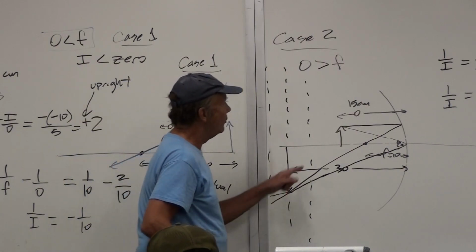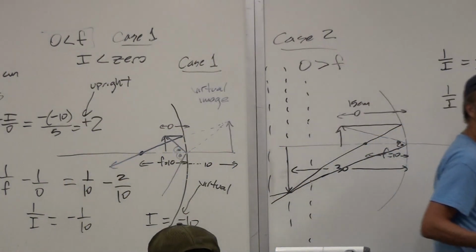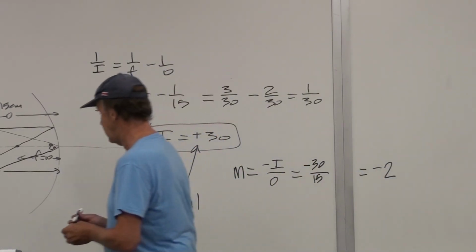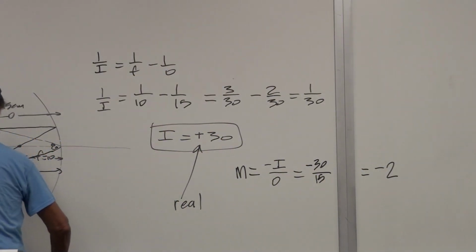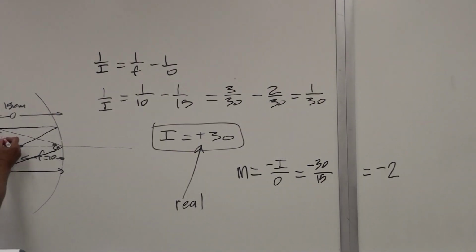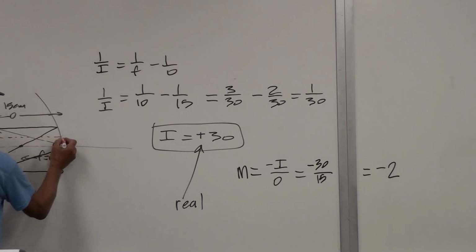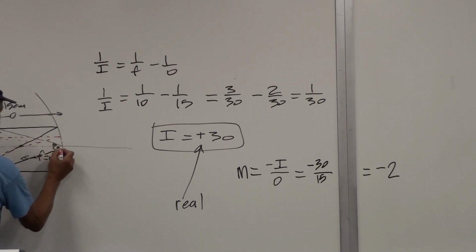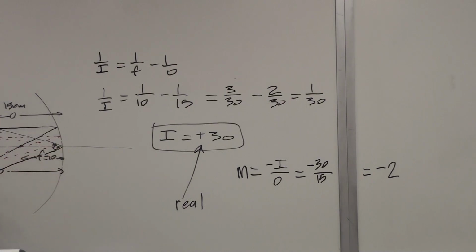Now what about, why are we just doing it for that point on the end? Why not a point in the middle? Well, a point in the middle is going to do the same thing. It's going to reproduce this point on the image. So if I start from here, go through the focal point, then this one would come in so that the angle of incidence equals the angle of reflection.